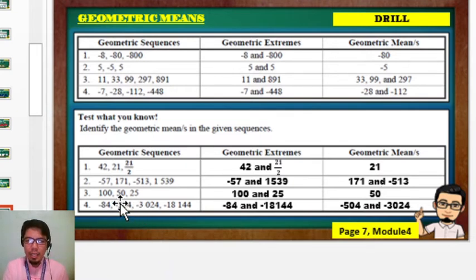Item number 3: 100, 50, and 25. Find the geometric extremes and the geometric means. Okay, so the geometric extremes are 100 and 25, while the geometric mean is 50, so the term between them.